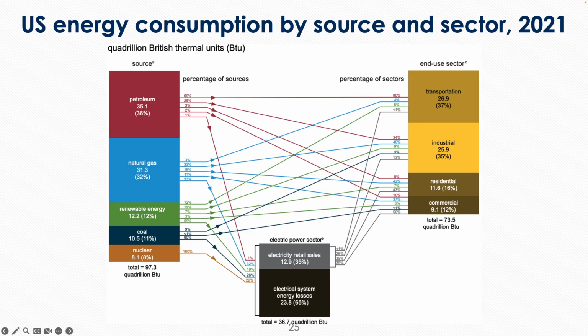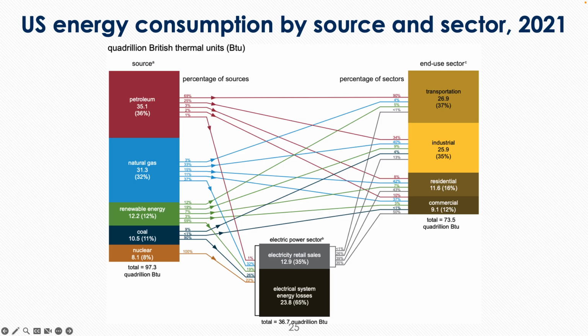Okay, so this one's a little bit older, 2021, but it gives a breakdown of energy consumption by fuel type on the left, and then it gets allocated into end-use sectors on the right, which you can see broken down here. So where is our energy coming from?